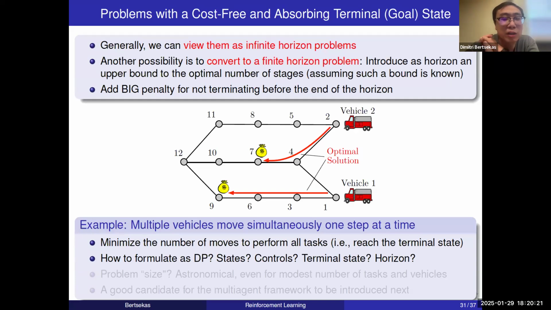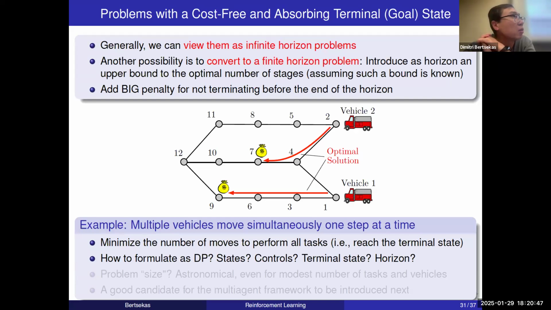Yeah, kind of, because for example, if I decide vehicle 1 is going to go for the task at node 9, and vehicle 2 is going for the task at node 7, then the longest distance that vehicle 1 needs is the number of nodes, and the same for vehicle 2.